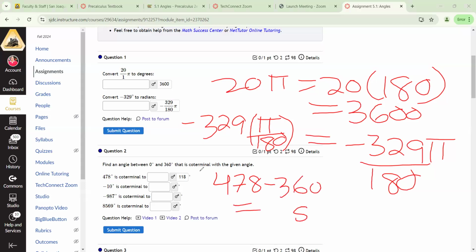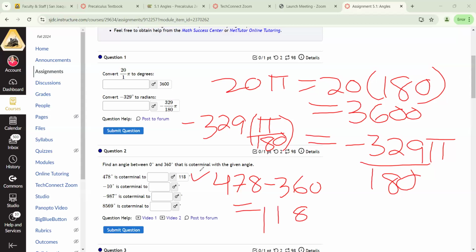When we subtract, we get oops, I did write something else here. So 478 take away 360 is giving us 118 degrees, which is between 0 and 360.